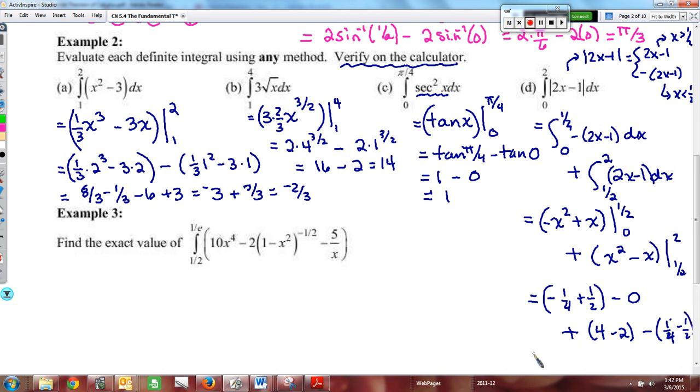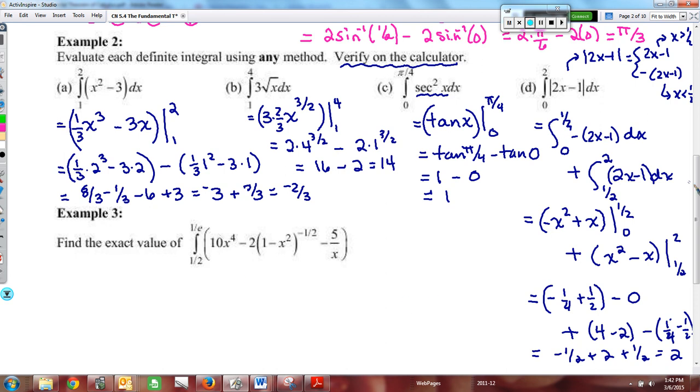And we do have some nice cancellation happening here. We're going to have negative 1/4 minus 1/4, so that's going to be negative 1/2. You have 2 here, and then you have 1/2 plus 1/2, which is going to be plus 1/2. So these two cancel out, and we get a final answer of 2. And like I said, I'll leave you to verify that on the calculator.